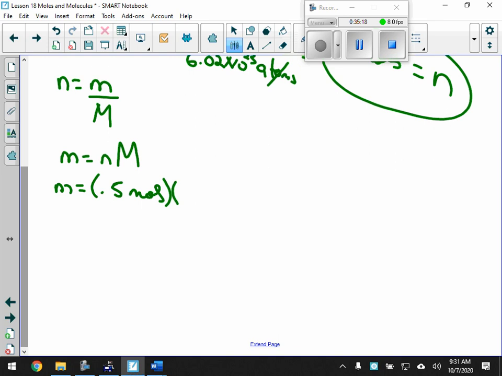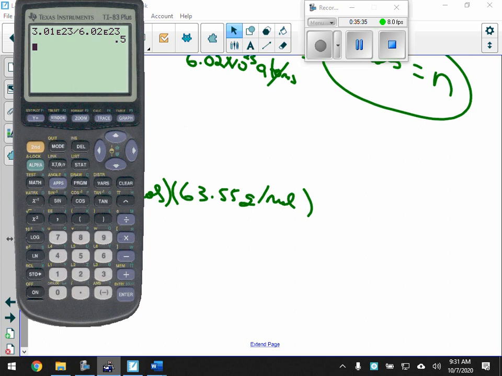We have a molar mass, which I said was 63.55 grams per mole. And when we multiply those two together, we should get about 36 point, no, I don't know. I'll do it on the calculator here. I'm not going to try to pretend that I know what I'm doing. 31, well, not even close. 31.775, okay?